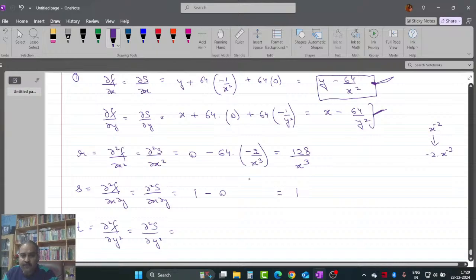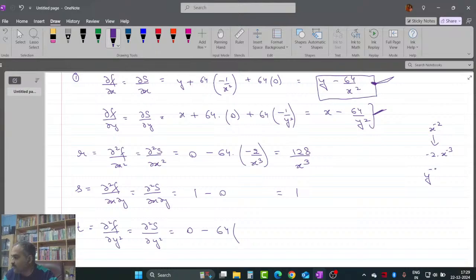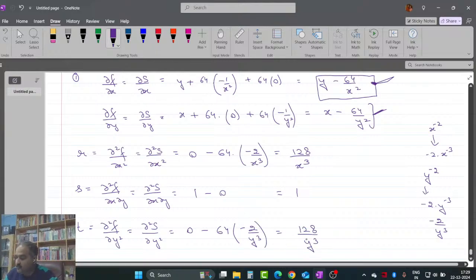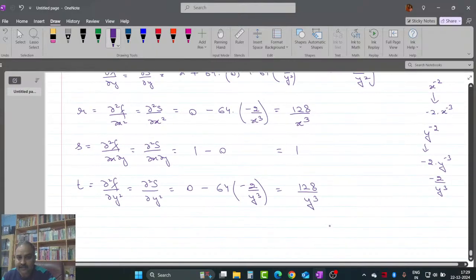So derivative of x with respect to y will be 0, minus 64 times derivative of y raised to power minus 2, which is minus 2 times y raised to power minus 3, that is minus 2 upon y cube. So it will be 128 over y cube. So we have the values of r, s and t.